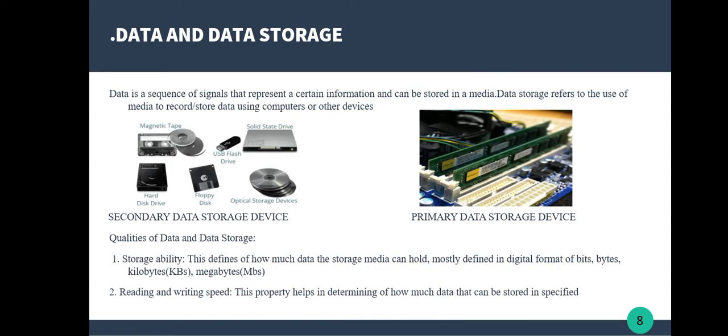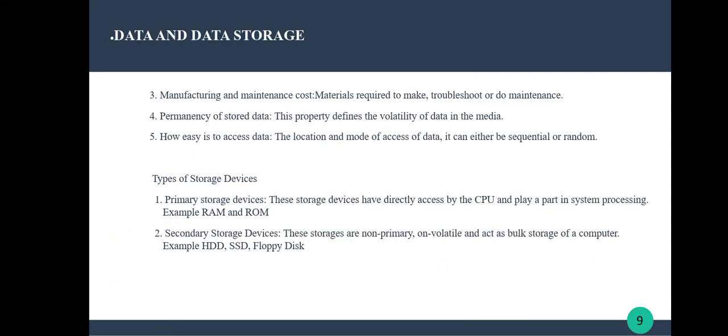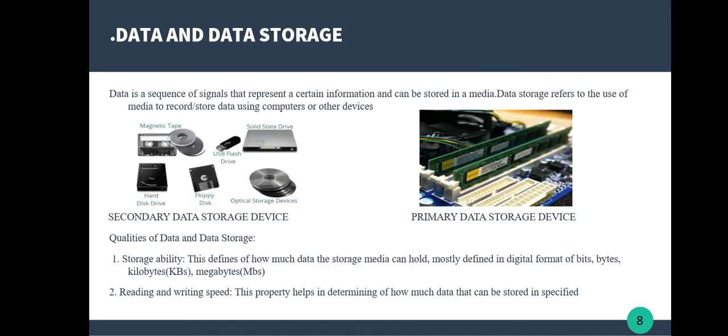Another quality is reading and writing speed. This property helps to determine how much data can be stored in a specified amount of time. It can define how a certain function can be operated.